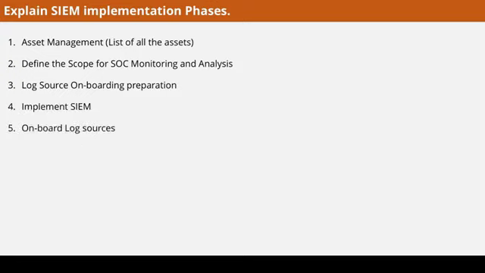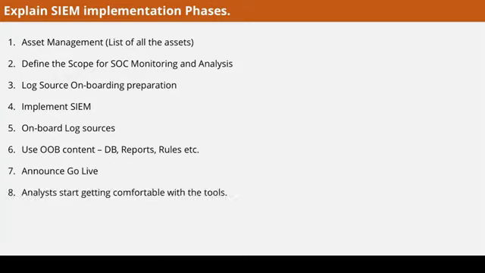Implement SIM. Onboard log sources. Use out-of-the-box content like dashboards, reports, and rules. Announce go live. And during this, analysts will start getting comfortable with the tool. And finally, we can start customizing the SIM solution as per our requirement.